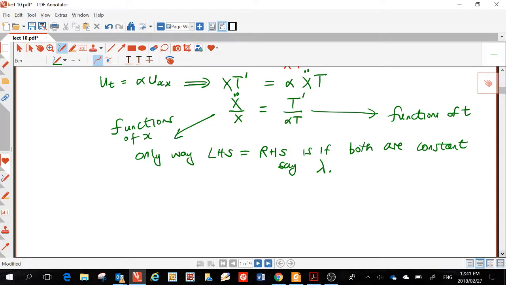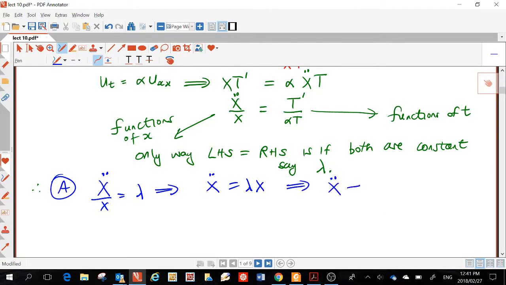So, therefore, now we have the following procedure. A, let's take x double dot over x equals lambda. This implies x double dot equals lambda x. Or I can say x double dot minus lambda x equals 0. Hey, where did we see that before?